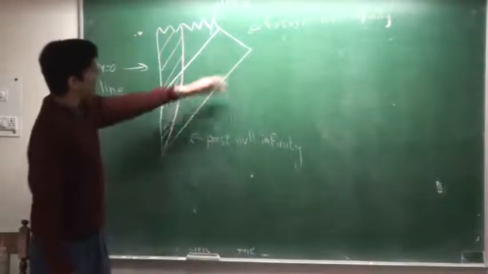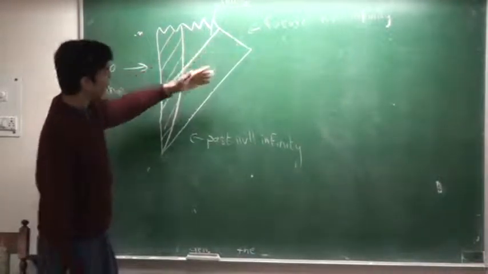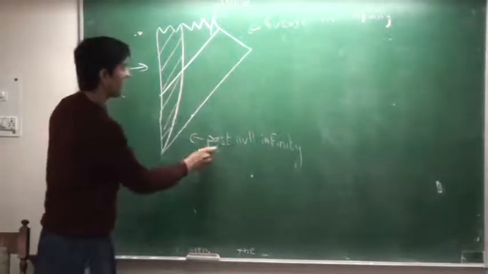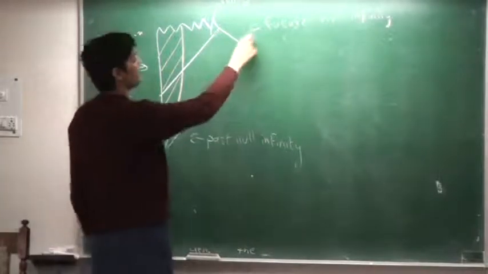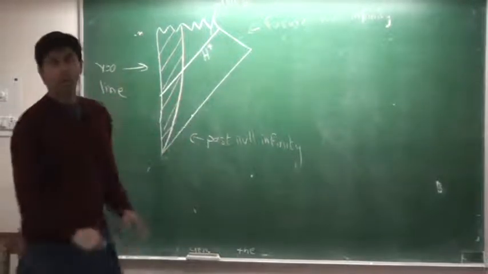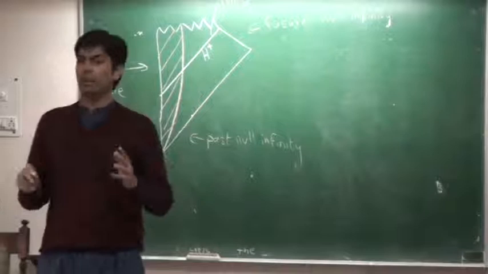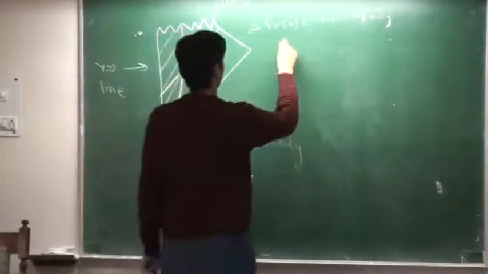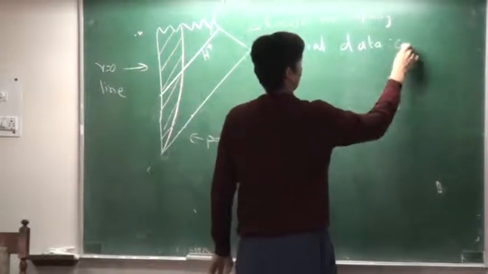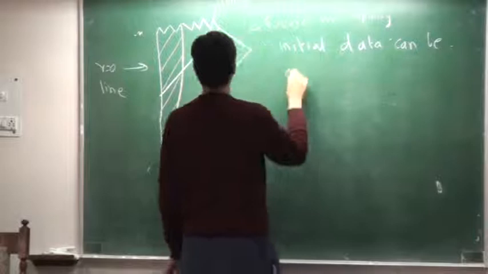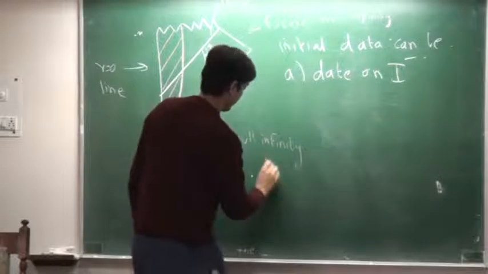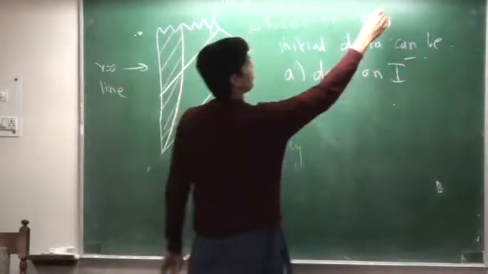You see, you can expand solutions to the wave equation, the massless wave equation, in terms of Cauchy data on past null infinity, or on Cauchy data on future null infinity and the horizon. Let me call this N plus. So there are two ways to specify initial data for fields.